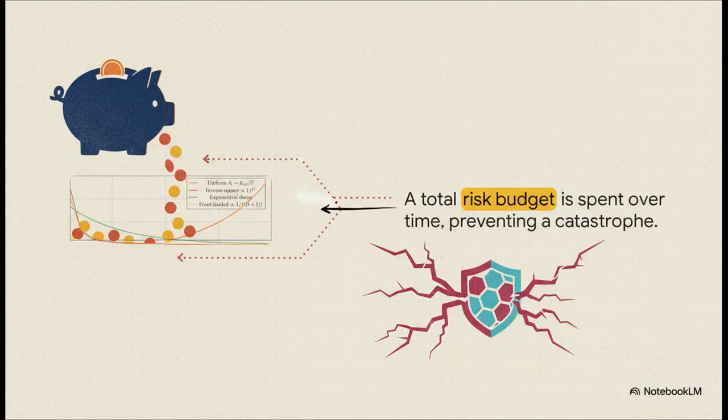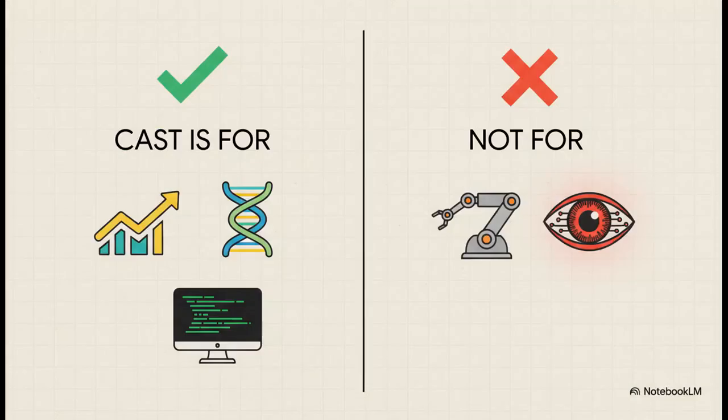The system gets a total, finite budget for acceptable risk over its entire lifetime. That budget can be spent in different ways, a tiny bit at each step, maybe more at the beginning. But once that budget is gone, it's gone. This is what prevents that death by a thousand cuts scenario, where tiny, acceptable risks slowly pile up into a total disaster.